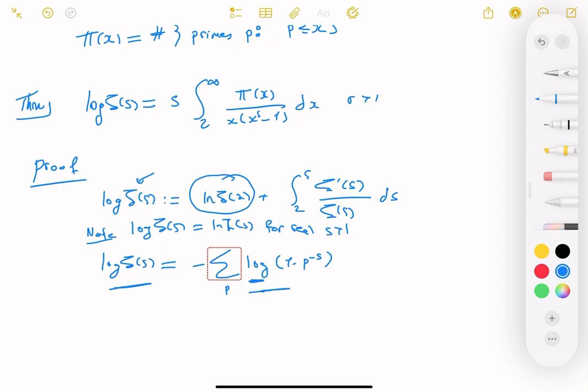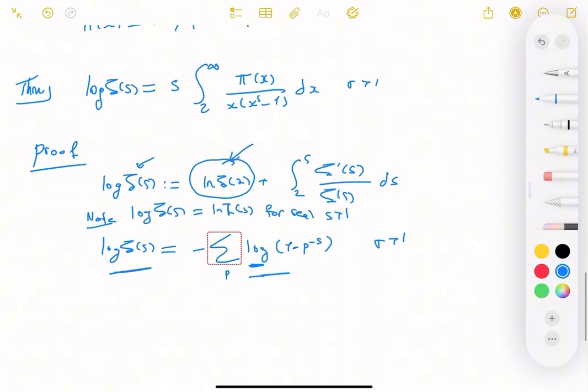So if you take the derivatives, you see that the derivatives are equal, thus the difference of the functions must be a constant, but that constant must be 0 because they agree at 2. So this holds for sigma bigger than 1. And the important observation here is, here's a very cool observation.